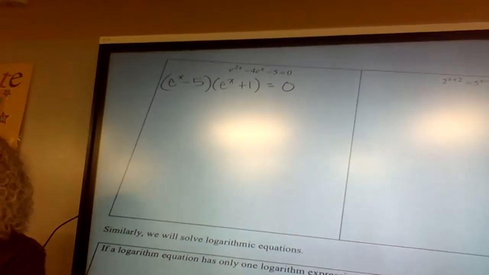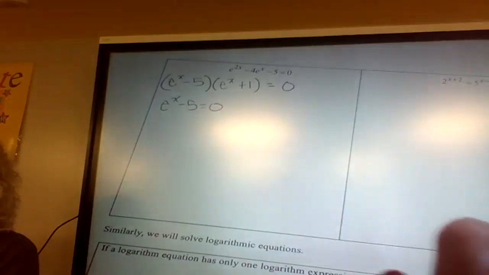All right. So you have e^x - 5 = 0, because we're still going to use our zero product property, and e^x + 1 = 0.